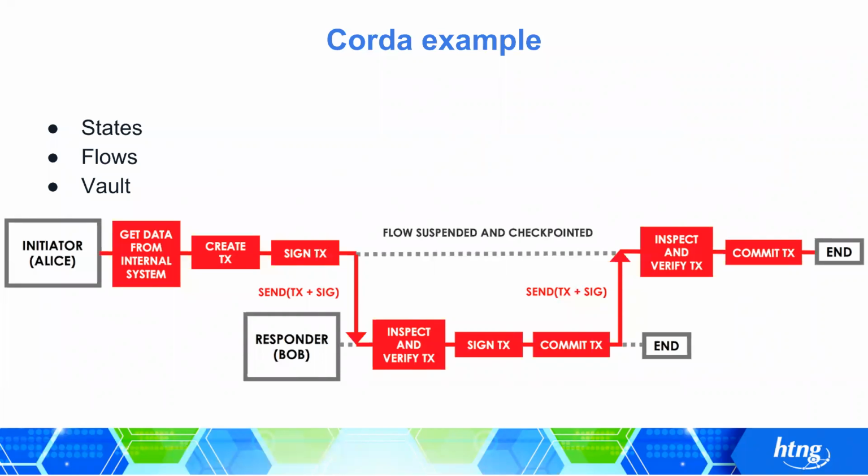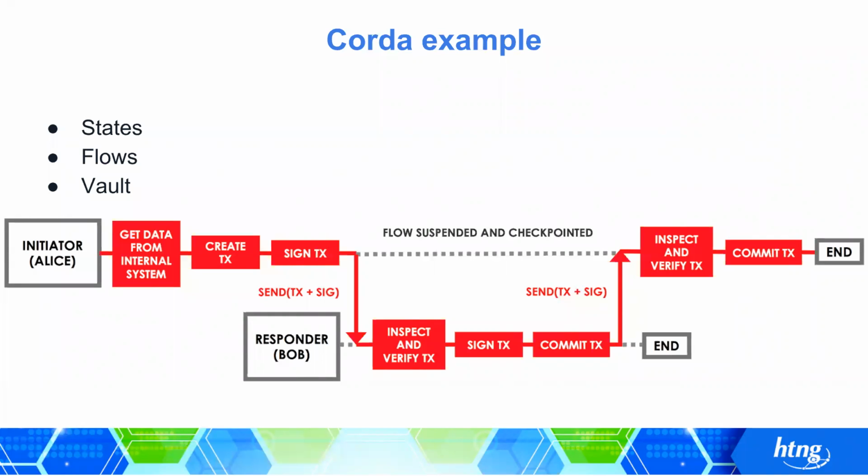The vault entity is described with SQL-like syntax for requests and operations for interaction with the storage behind your blockchain infrastructure. And one more example with initiator and responder. In this case, we can see Alice, who gets data from an internal system, creates a transaction and signs it on her own side, and after that sends this transaction to the responder.